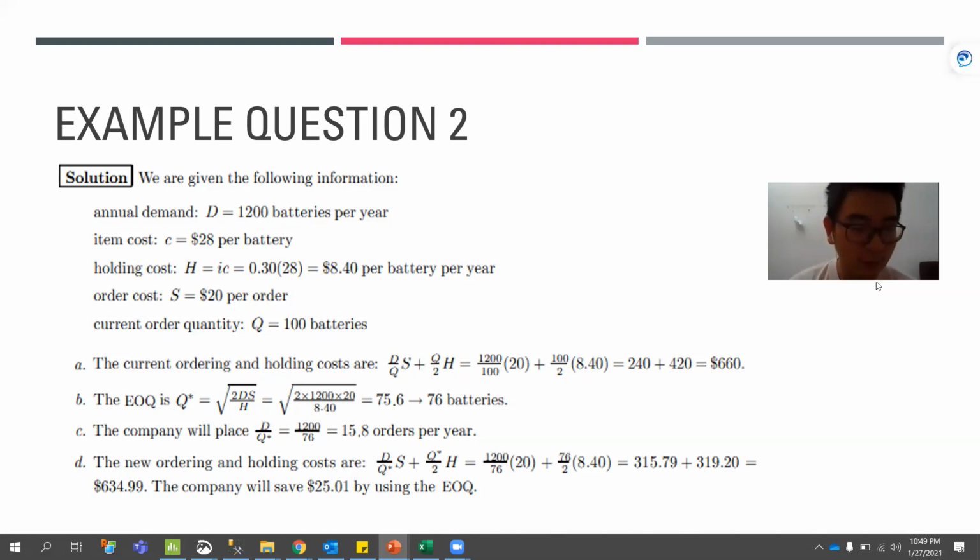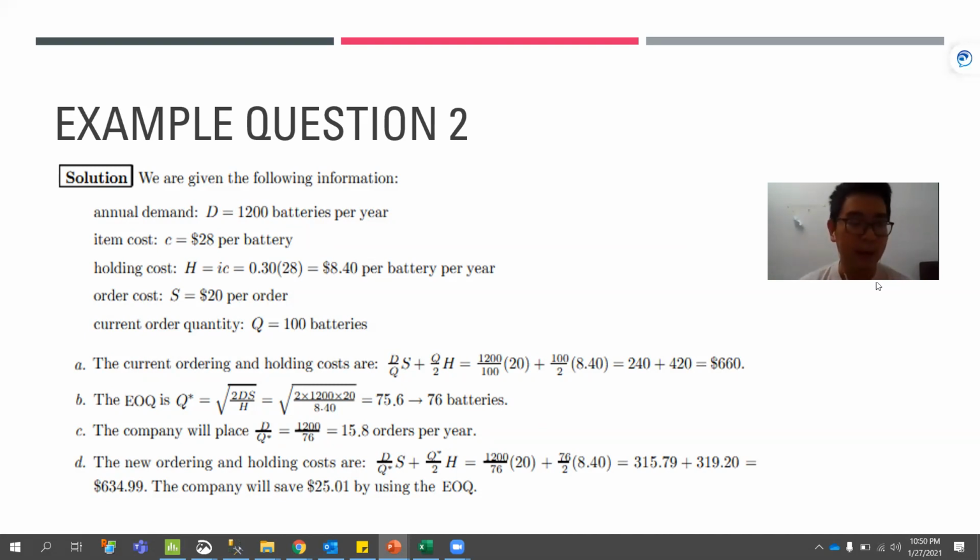Okay, so going to the next question, the new ordering and holding cost. In the previous slides we are also given the equations. So it's basically just inserting the numbers, the D, S, H, into the formula, and we will get $634.99.